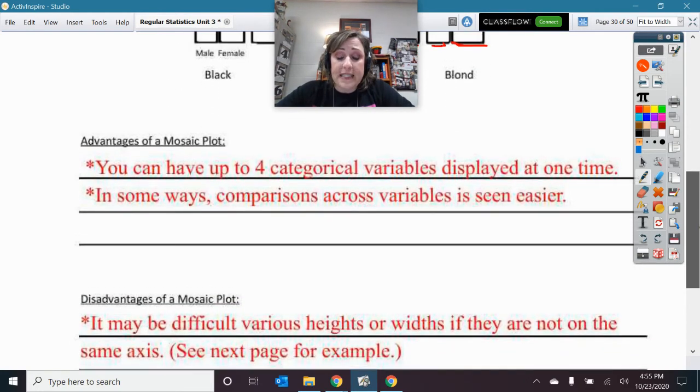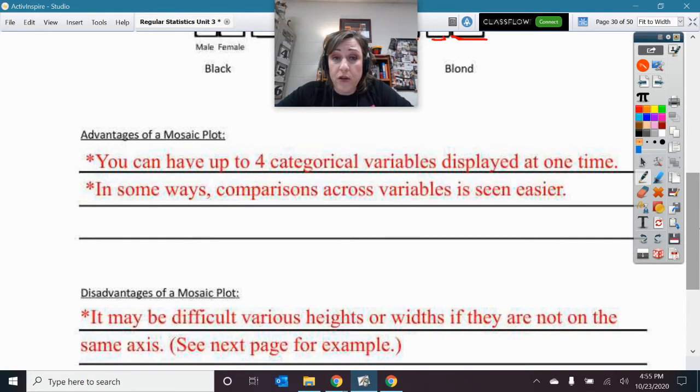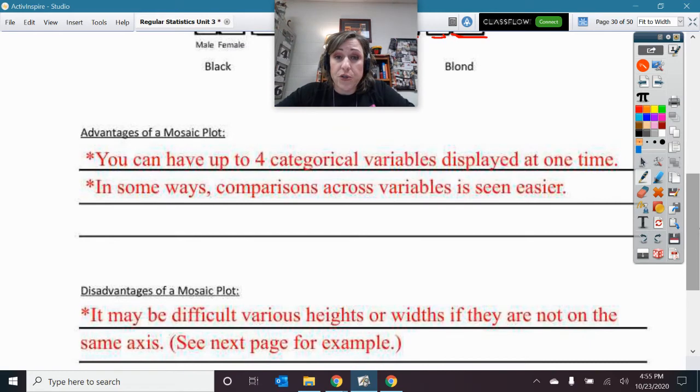It can be difficult to compare certain heights when they're in different locations of the mosaic plot, and I'll demonstrate that on the next page. It may be difficult to compare the blue-eyed people because they're in different locations in the mosaic plot.